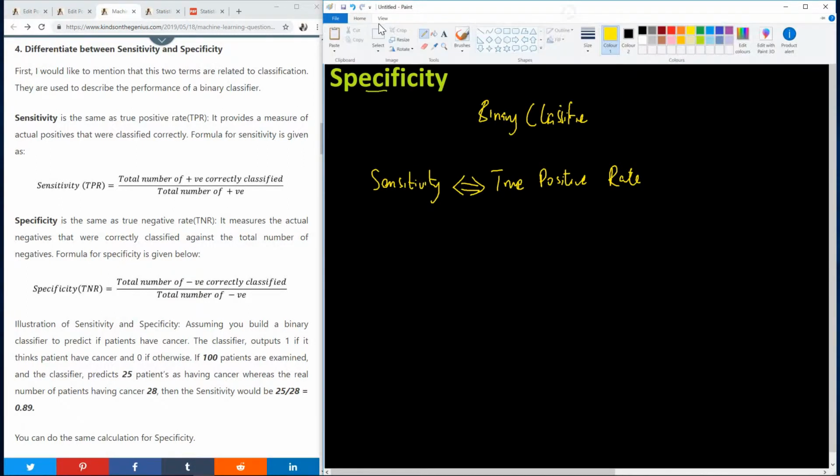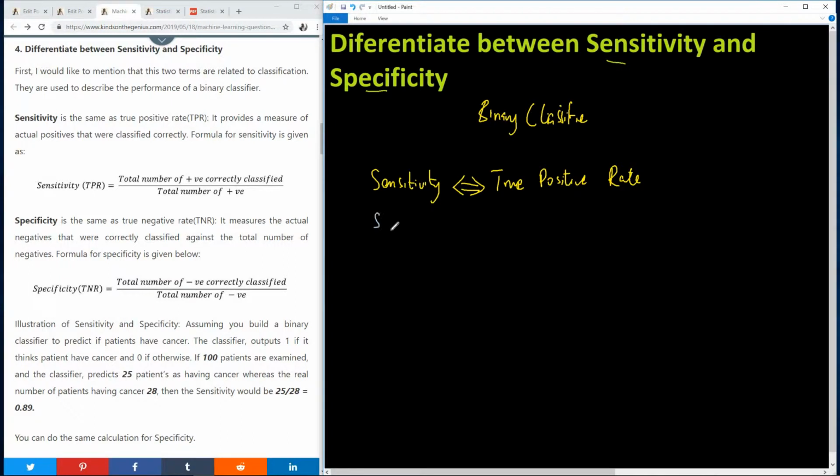And specificity, I'm going to use another color of pen. Specificity is true negative rate. Specificity is the same thing as true negative rate. So let's start with sensitivity.